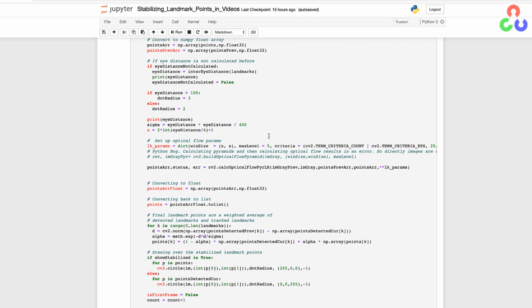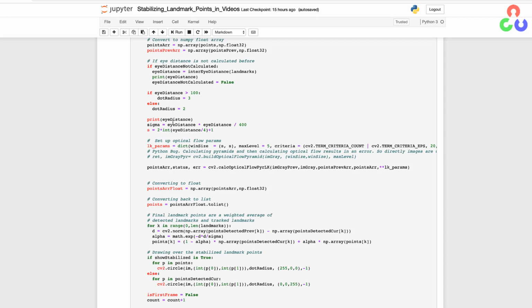I mean, 100 pixels means very different things based on the scale of the face. If the scale is large, 100 pixels could mean nothing. It could be very small motion. But if the face is very small, 100 pixels is a very large motion. Therefore, we have to normalize this motion based on the size of the face. And that is what we are doing here. We are going to use sigma to normalize the distances.